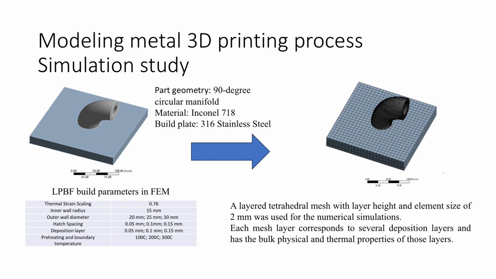In this study, we simulated a 90-degree circular manifold. We considered that we are going to manufacture it by using the Inconel 718. The build plate was 316 stainless steel. The building parameters are presented here, and we created the mesh with the 2 millimeter layer height and element size.